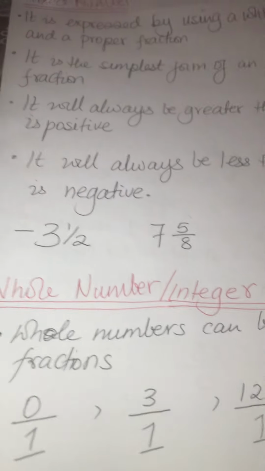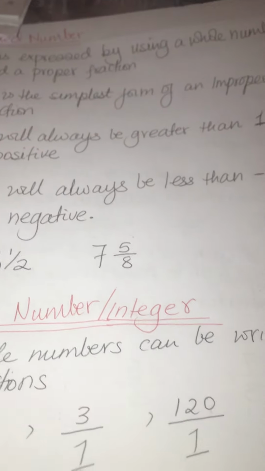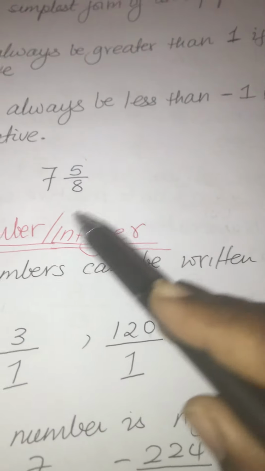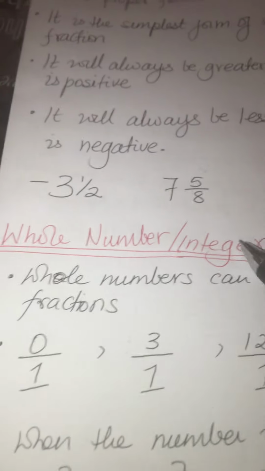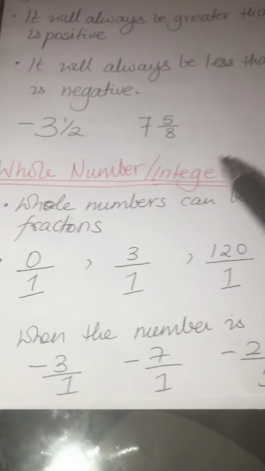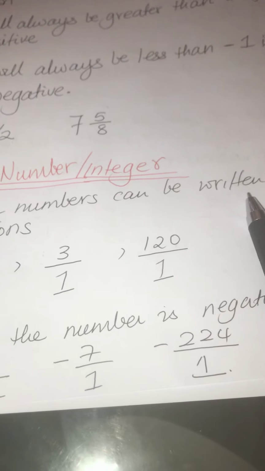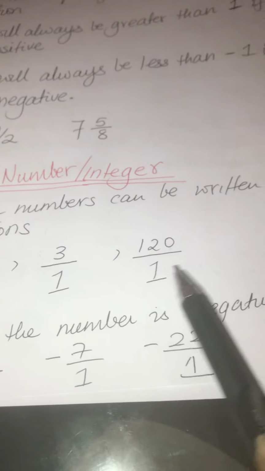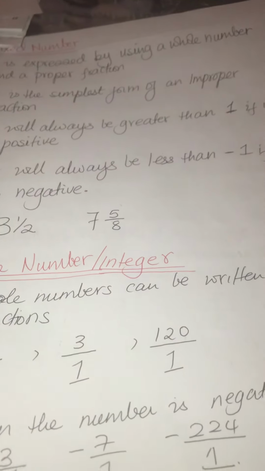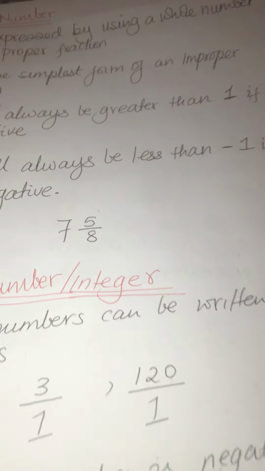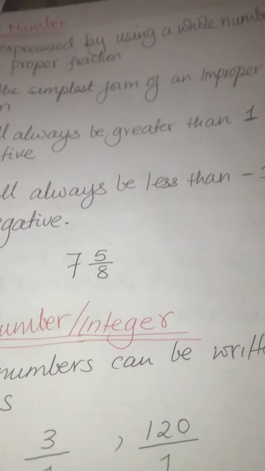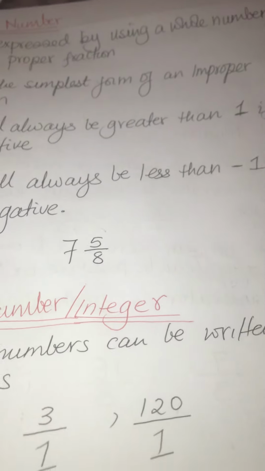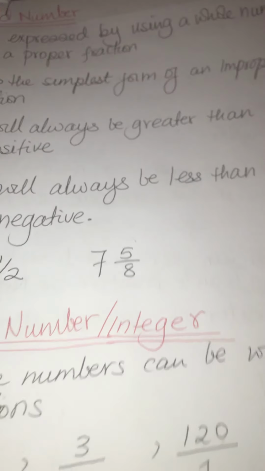Remember we said whole numbers are only positive. So what happens if you have a negative one? You will call that an integer. So that's why I wrote it over here. When you have a whole number, it can be written as a fraction when you put 1 in the denominator. All whole numbers are fractions. How do you know? Because you can write 1 below it as the denominator.